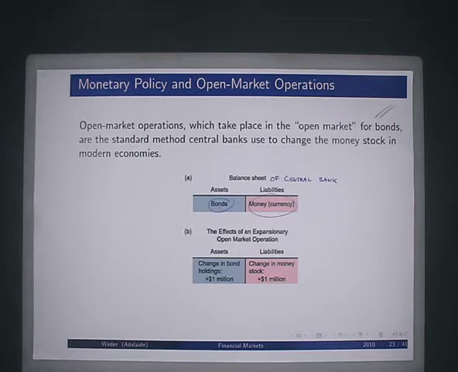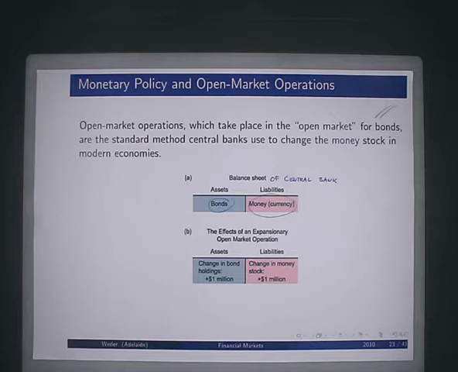Okay, so that's where we initially are from, but I basically already told you the story. So what happens now if there's what we call an expansionary open market operation? Why do we call it an expansionary open market operation? So what happens here? So there's an open market operation, and the central bank becomes active on the bonds market.